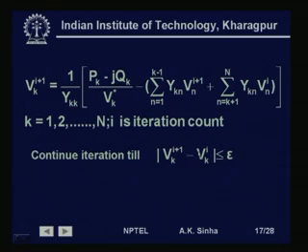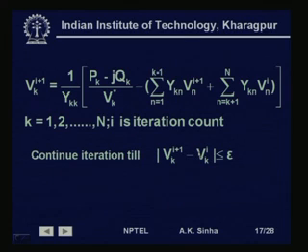So, if we do this iteratively, then we will reach a solution when the update and the previous value have hardly any change at all the bus bars.